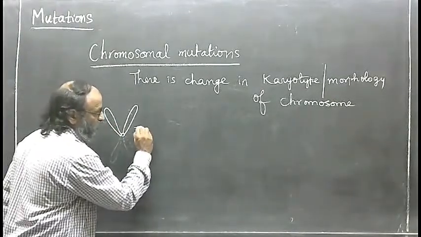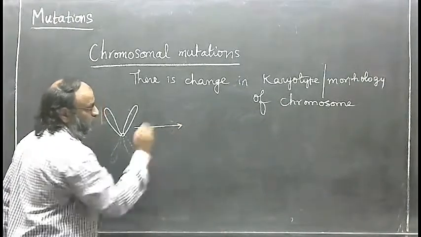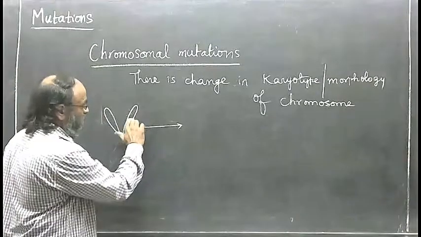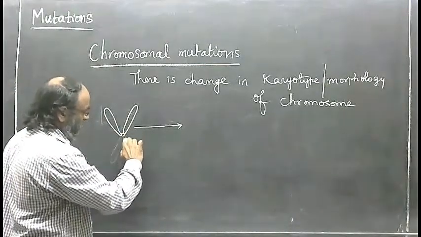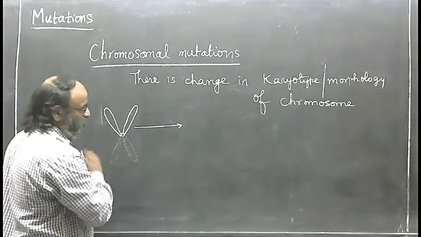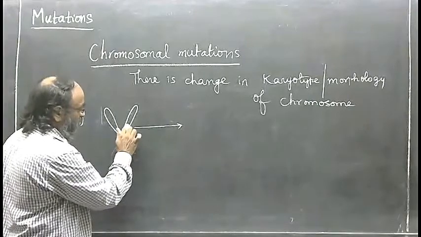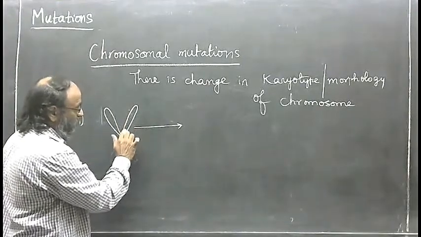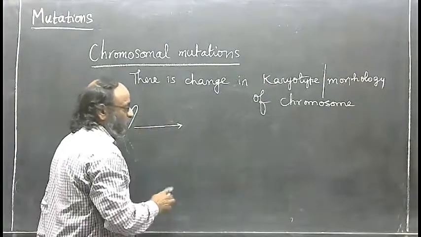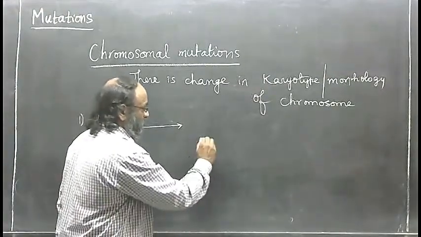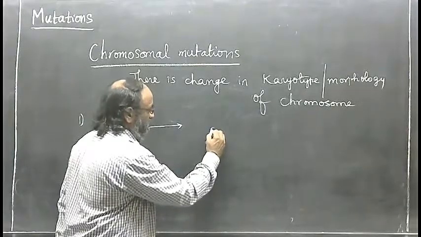You just observe the diagram. Imagine this chromosome appears to be V-shaped. It has undergone mutation. Now, you try to observe the change that has happened.